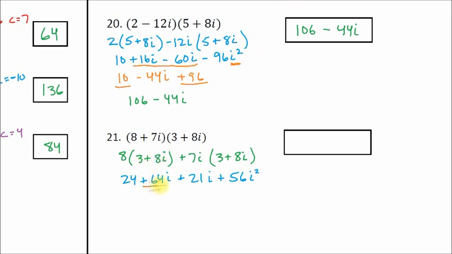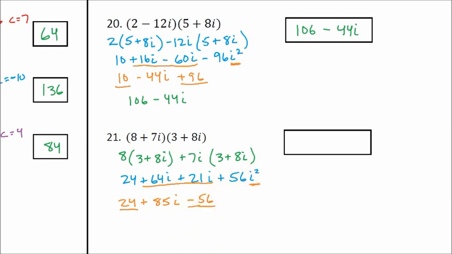Let's combine our middle two terms, which are always going to be like terms. 64 plus 21 is 85, so 85i. The i squared is going to change to negative 1, which is going to flip our 56 from positive to negative 56. And now first and last term are like terms.